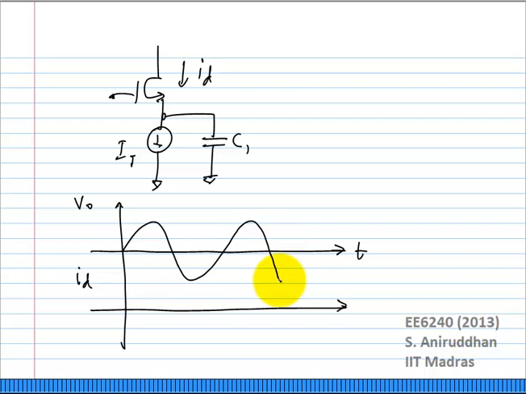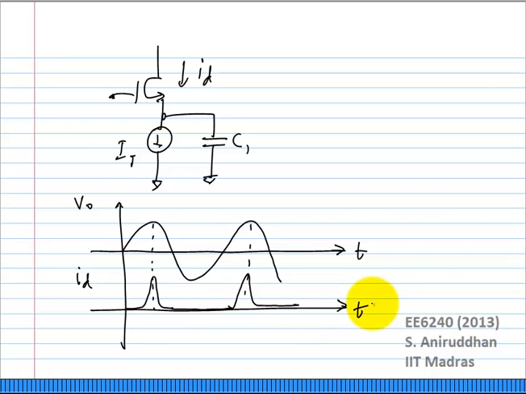And if you plot the current through this, the current looks something like this. Actually, even more explicit. Okay, as it so happens, there is a spike of current, an impulse of current at the peak of the voltage waveform.